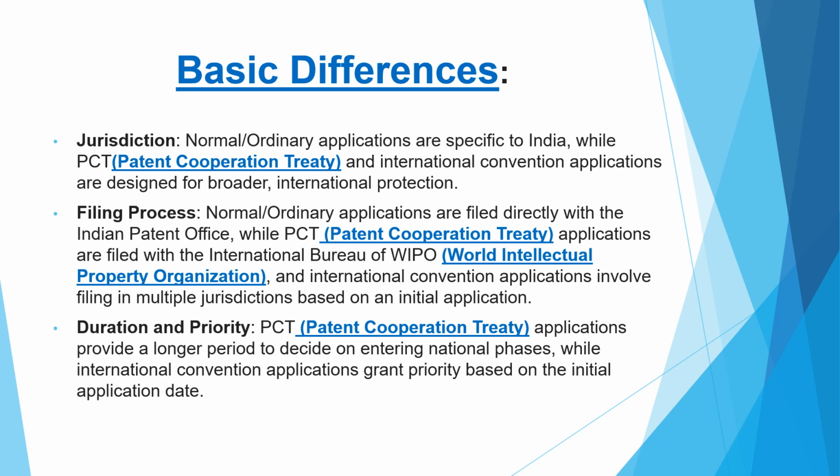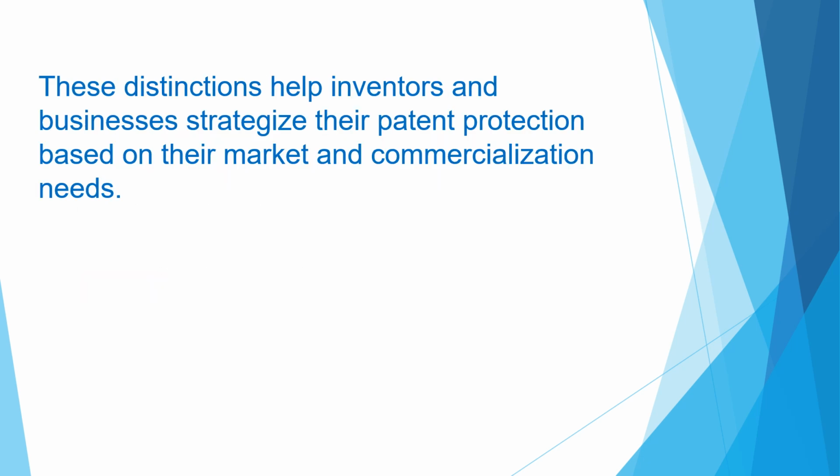From there, the period of 20 years will be counted, because patent protection is given for a duration of 20 years. It will be counted from the date on which the first provisional application was filed.